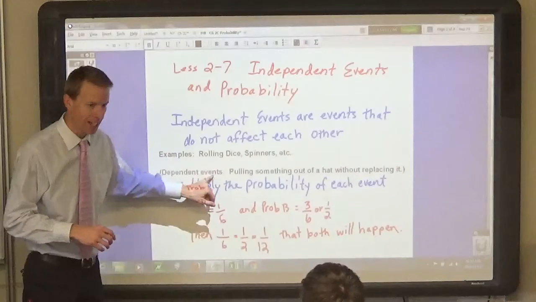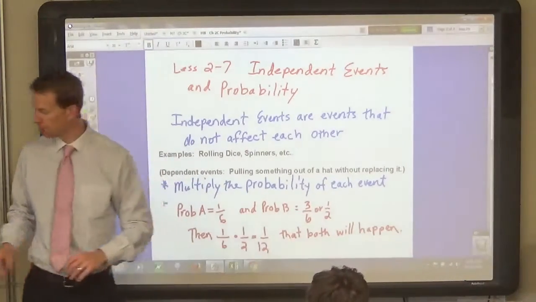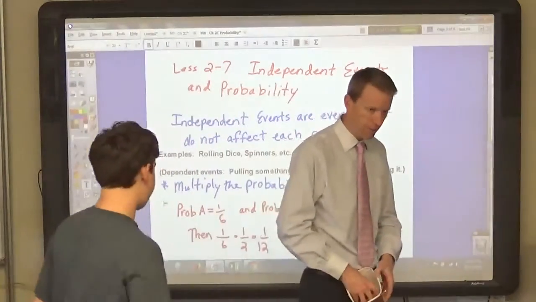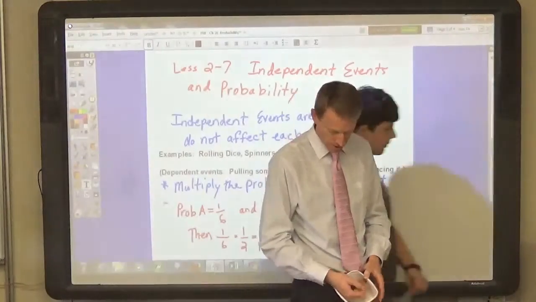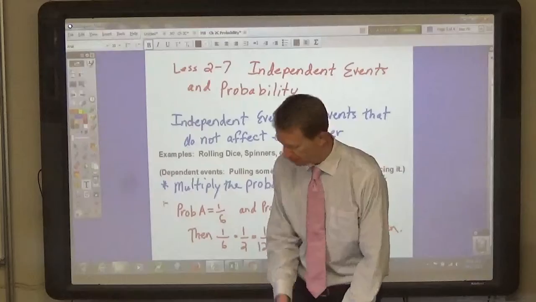Now, dependent events, the opposite of that, would be if you had, for example, I've got 12 chips in here, okay, of different colors. So write this down.